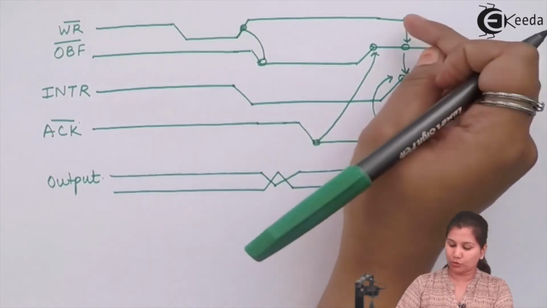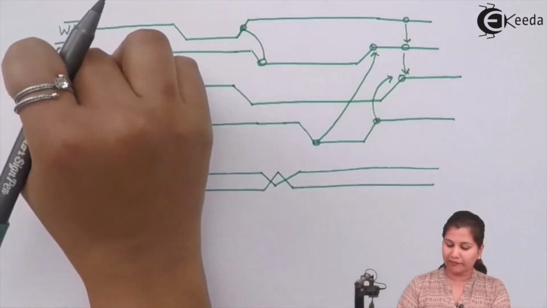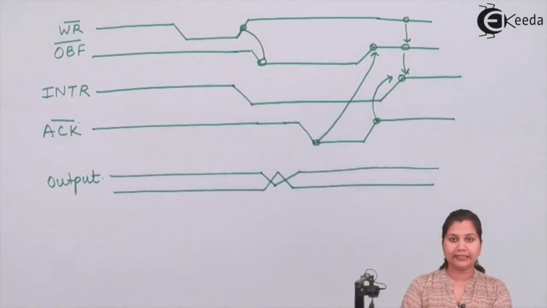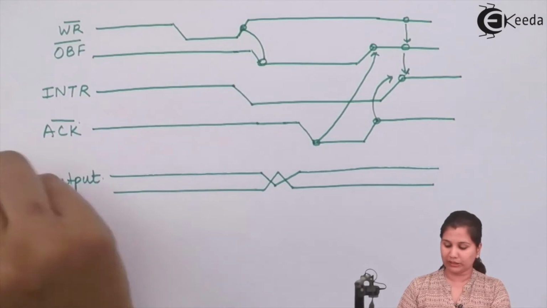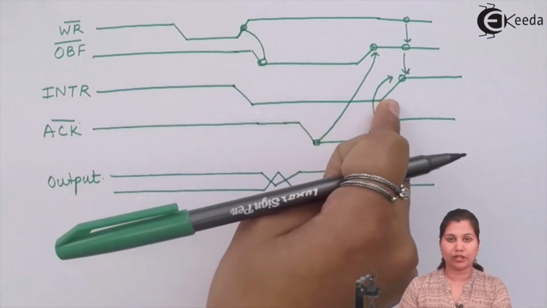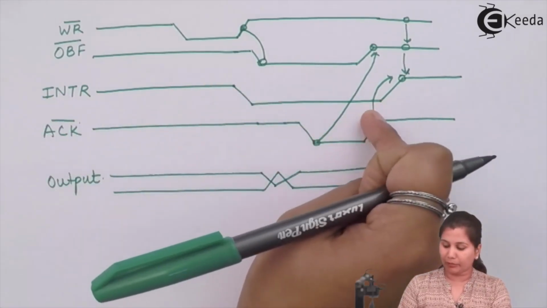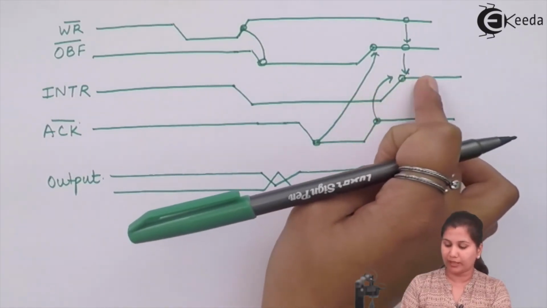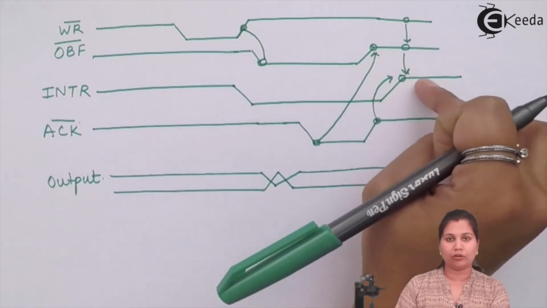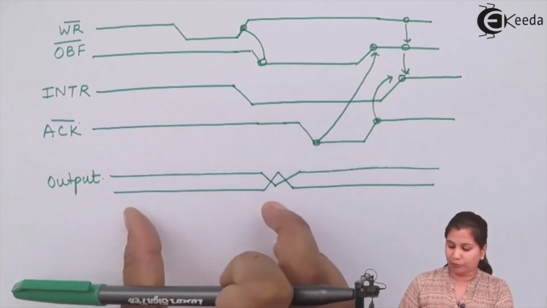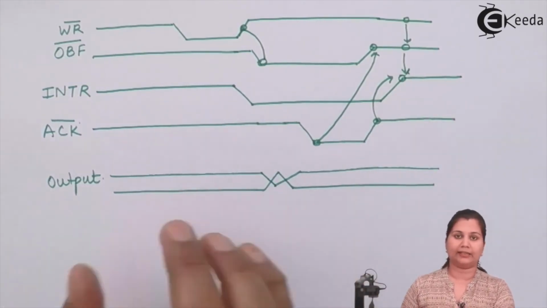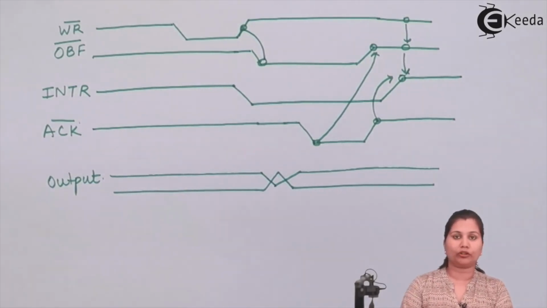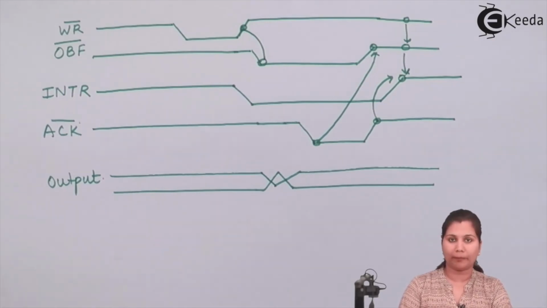And when these two signals, that is OBF and acknowledge, are 1, and also the INTE signal, all are at logic 1, then the interrupt request will be generated, and the interrupt request will be reset when WR is at logic 1, and the output we will get at the peripheral device. So this is the timing diagram for the mode 1 output operation.